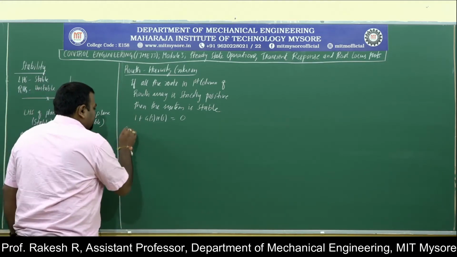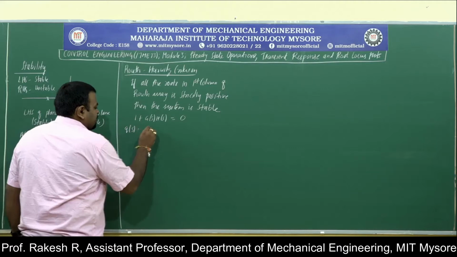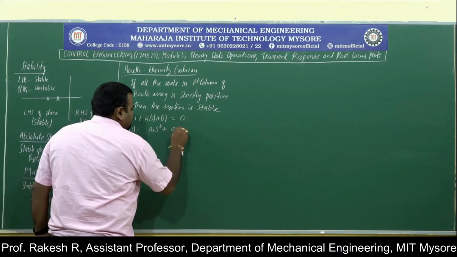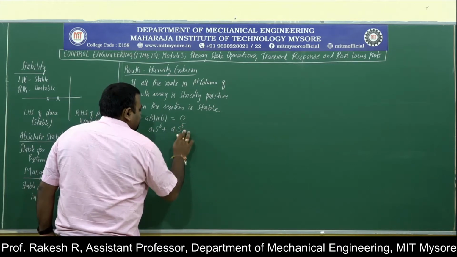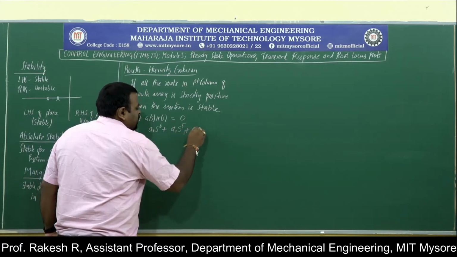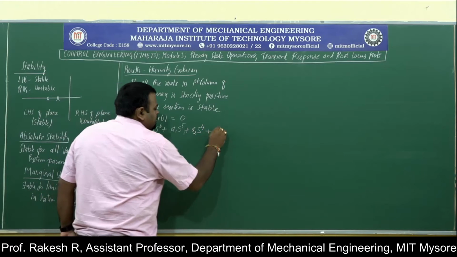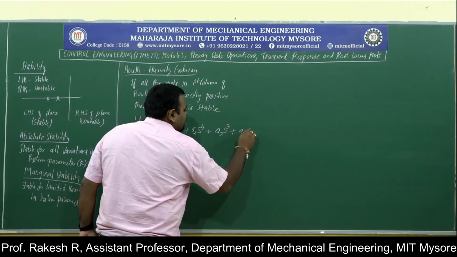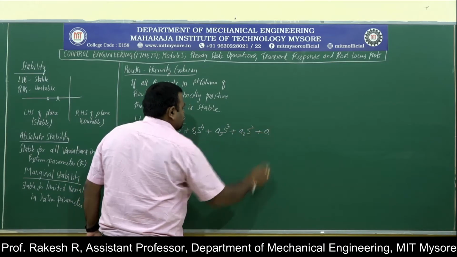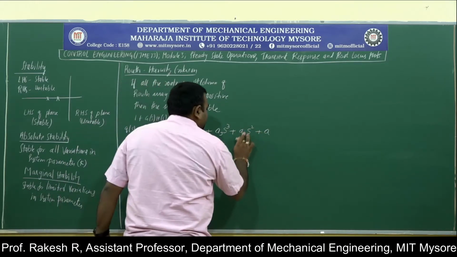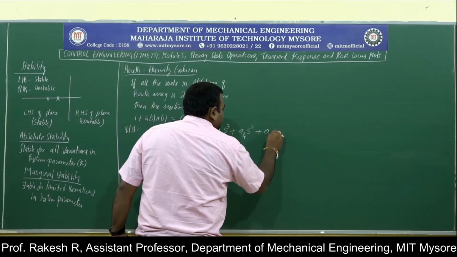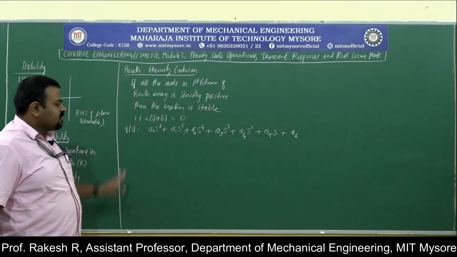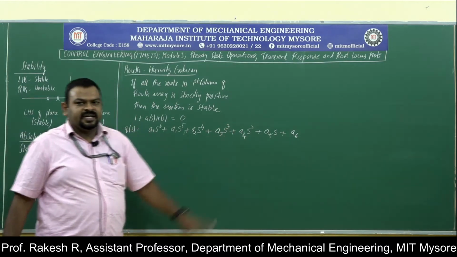Say for example, the characteristic equation is a0 s to the power of 6 plus a1 s to the power of 5 plus a2 s to the power of 4 plus a3 s cube plus a4 s square plus a5 s plus a6. So this is a characteristic equation.